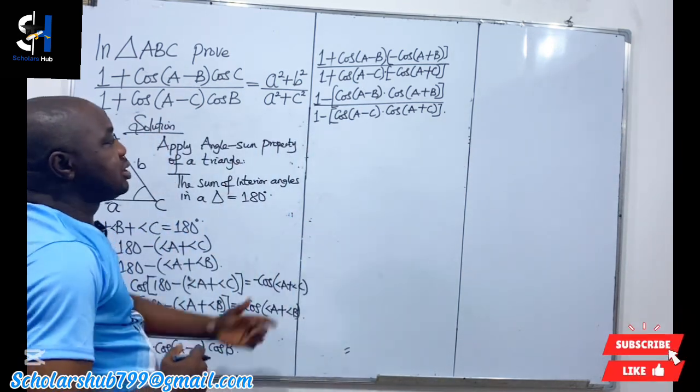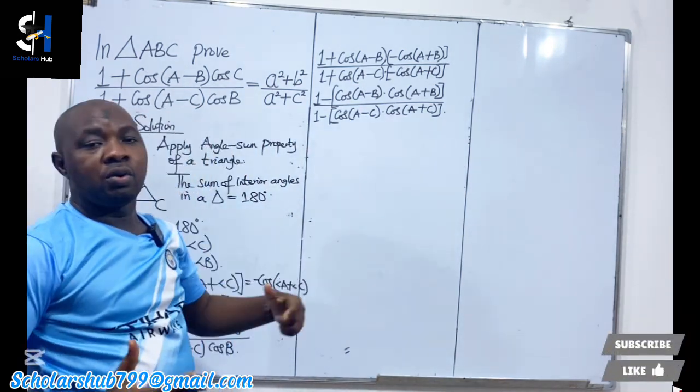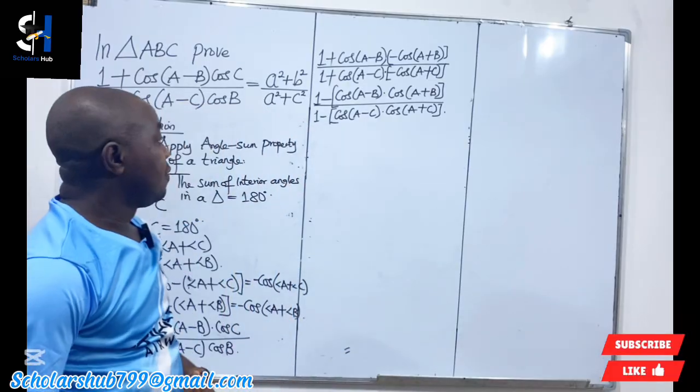Now this is where we can apply what we call the sum to product identity for cosine.